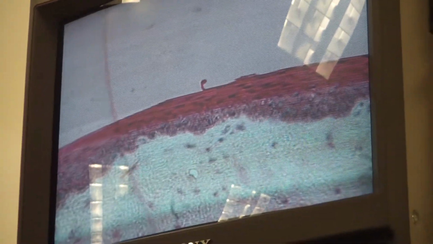But again, you have to magnify to really see it. And when you magnify, then you can see the stratified squamous. That's right here. See, they're all flat. So, the epithelium with the stratified squamous.